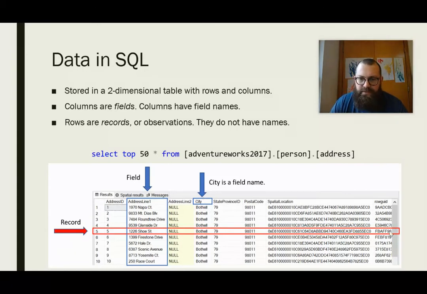The rows, so across horizontally, are records, or they're sometimes referred to as observations, particularly in analytics or modeling settings. They don't have names, but you can see that they do have identifiers over on the left-hand side.